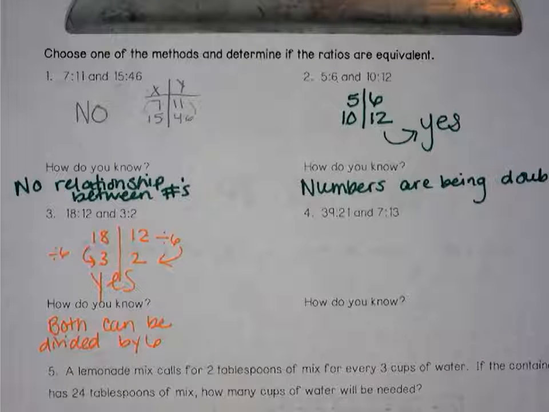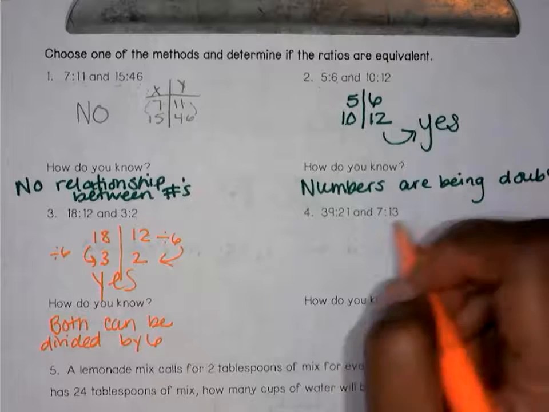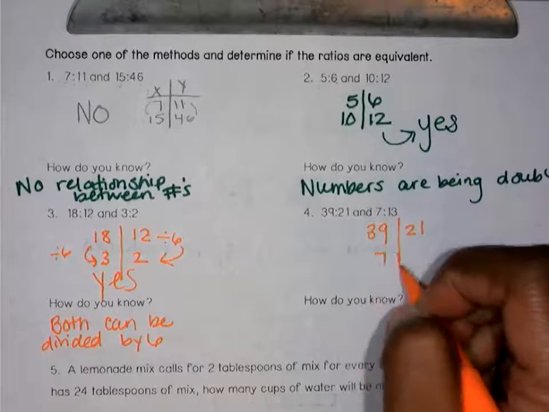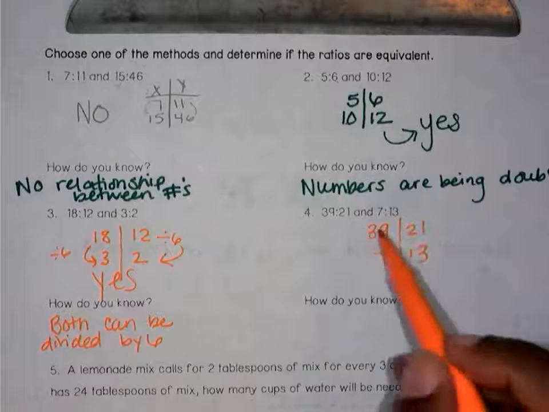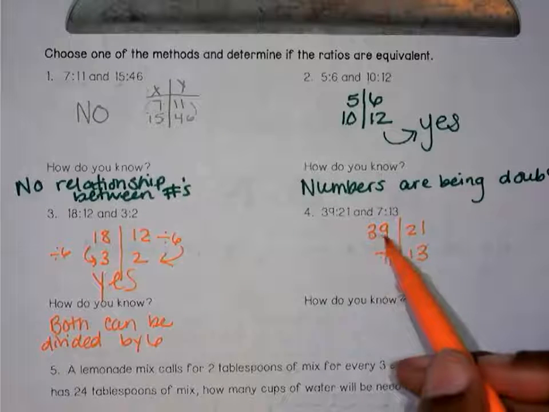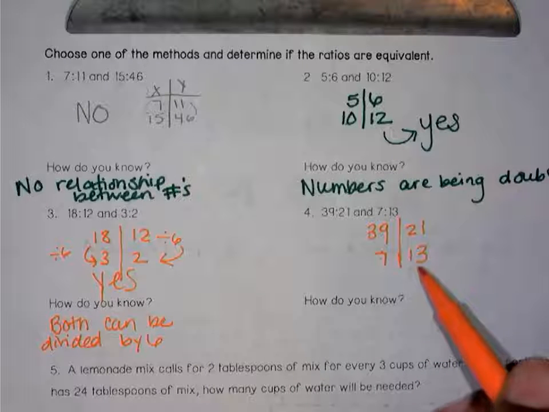So those are the same ratio. Those are equivalent ratios. Over here, 39 and 21 and 7 and 13. I'm going to line up my numbers. And sometimes, by just looking at it, you can tell 39 and 7, they can't be divided by anything. You can't divide anything by 39 to get 7. Same thing with 21. You can't divide anything by 21 to get 13.